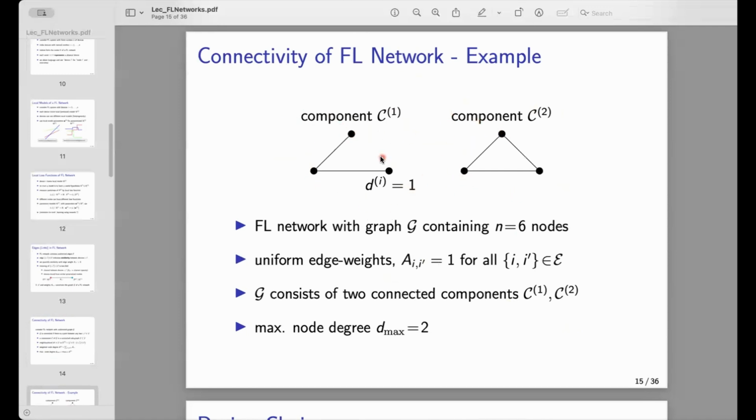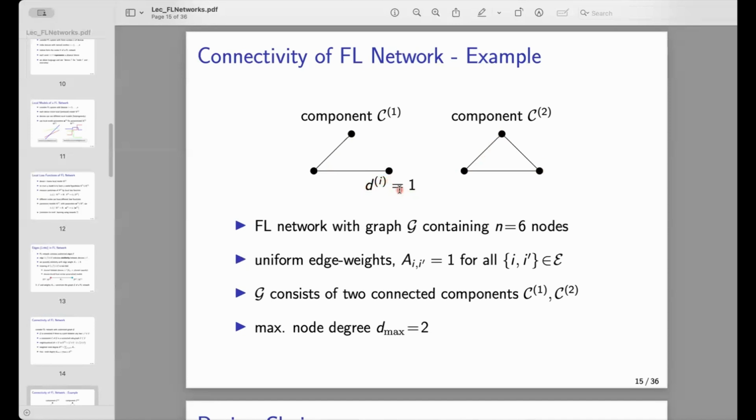But within each component, every node can reach every other node by some path following the edges. So in this case, for this graph, we have a maximum node degree 2. For example, this node here has node degree 2, and this is maximum. And the node degree for this one here is 1.